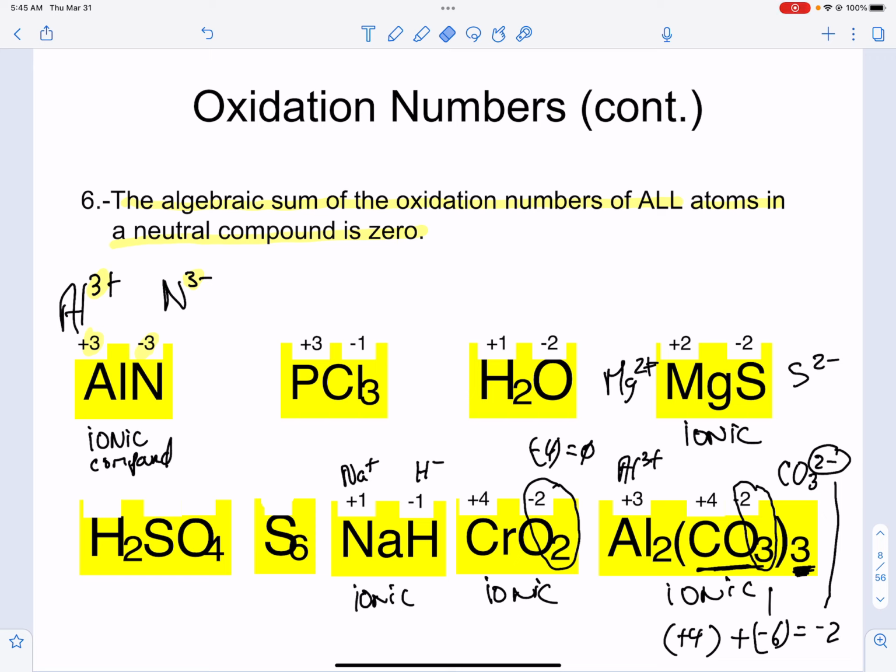In sulfuric acid, oxygen is -2, and hydrogen is always +1, unless with a metal, right? And since we're dealing with sulfate, and there's 4 oxygens for -8, and altogether it has to give us -2, then the sulfur will have to be +6.